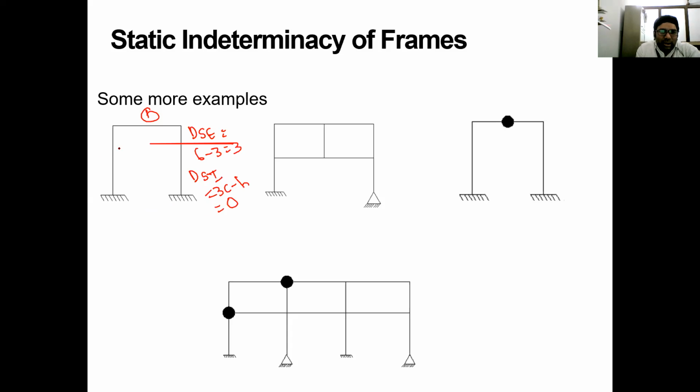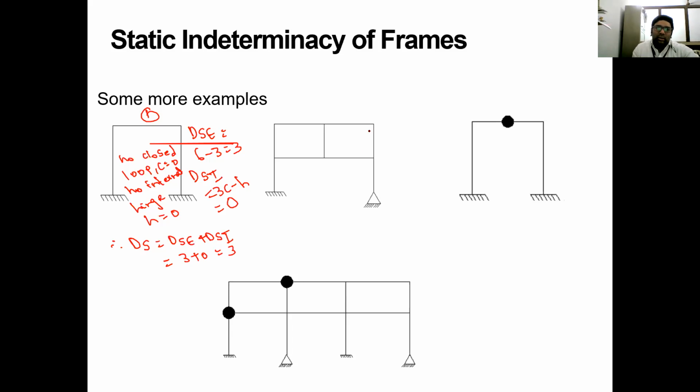So there is no closed loop, therefore C is equal to 0. No internal hinge, so therefore H is equal to 0. Therefore DS is equal to DSE plus DSI, that is equal to 3 plus 0, that is equal to 3.